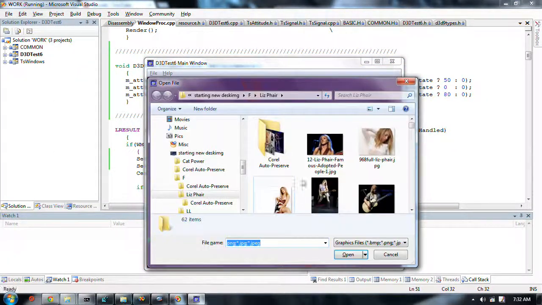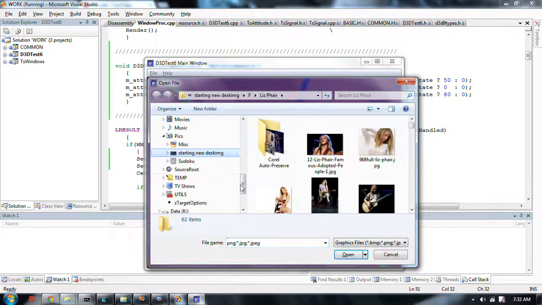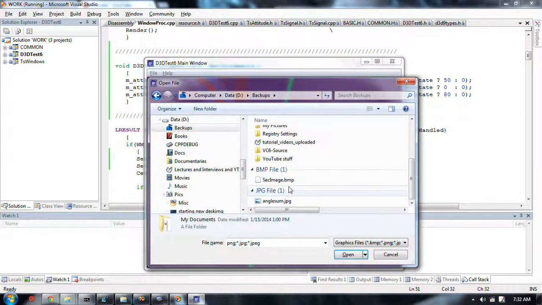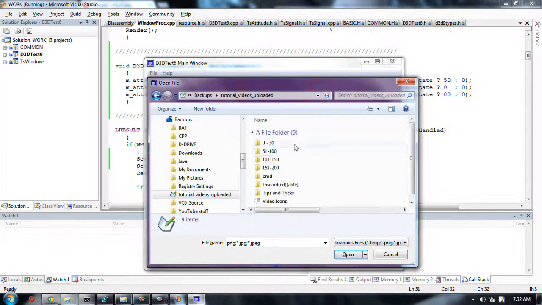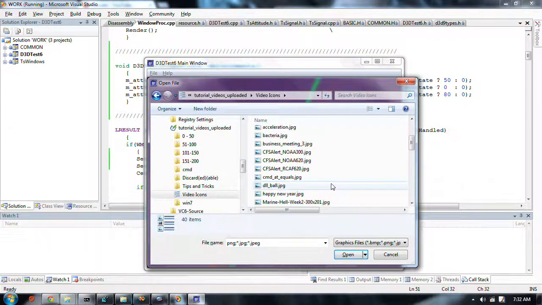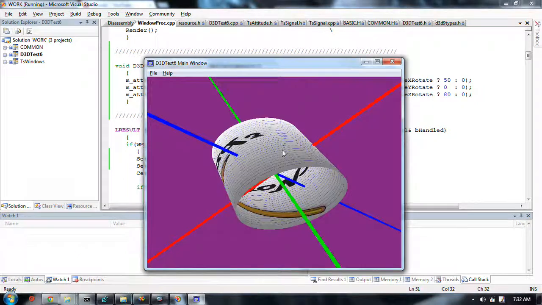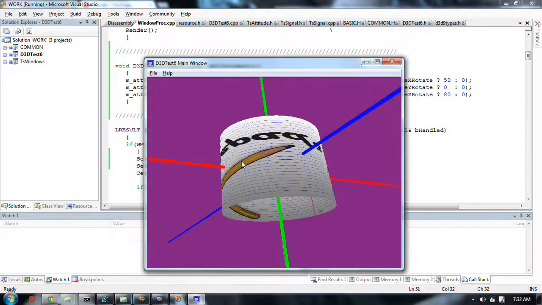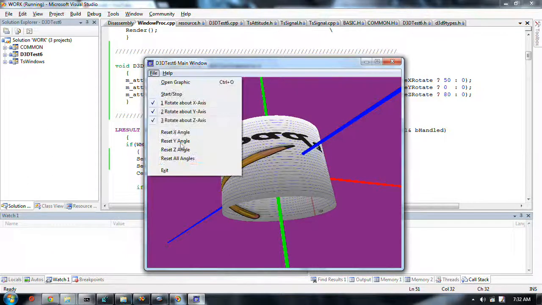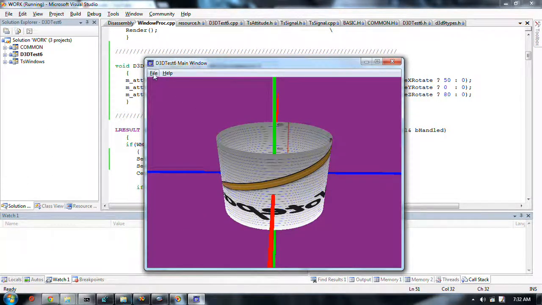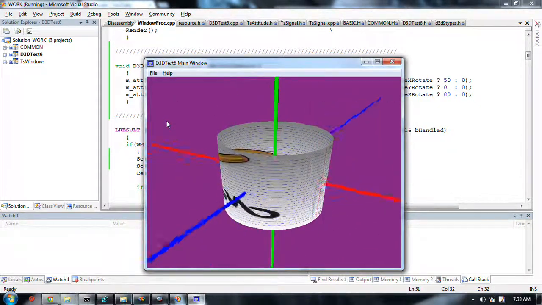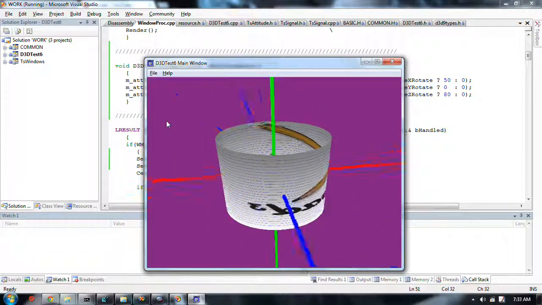And another weird thing I found with this was this picture. This one. Now, you'll notice that it's upside down.